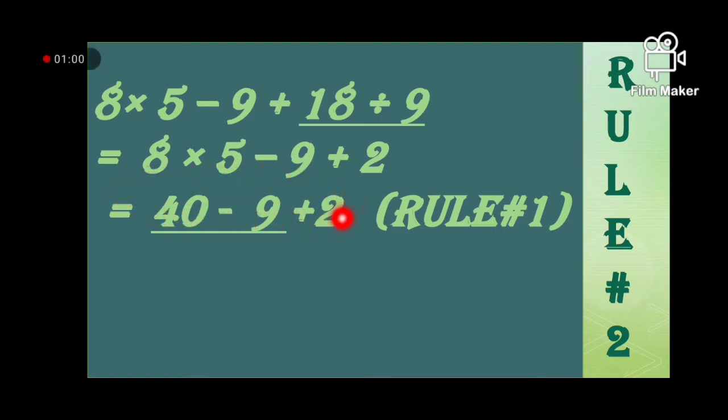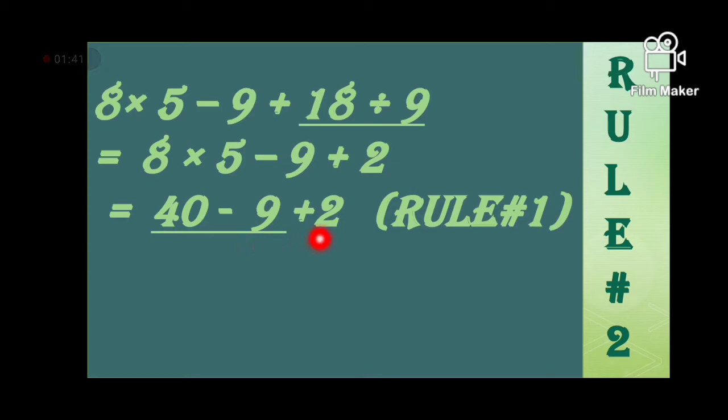Now let's revise rule number 1. In rule number 1, when we have minus and plus signs only, then we will solve the sum from left and the operations in sequence. Sometimes, when we solve the sums, we have this condition in which we have to use rule number 1.